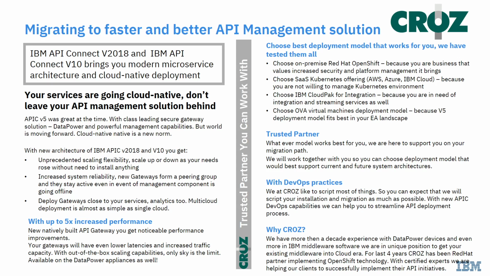It has a modern microservice architecture which will give you scaling flexibility, so you can scale the components of API Connect, the analytics, the portals, the gateways, without needing to install anything or even touch your infrastructure.